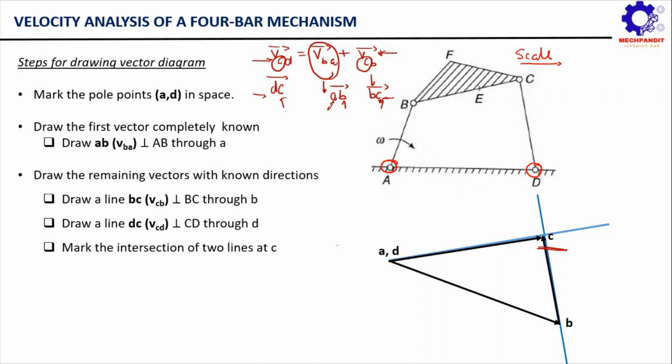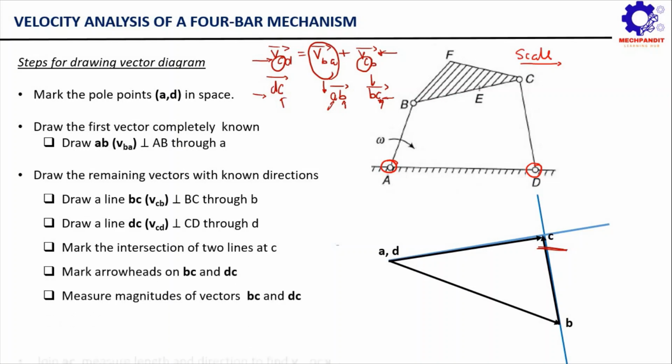Now how is that solved? It's very simple. Once you join A with point C, the absolute velocity of point C is simply equal to the velocity of point C relative to A, or the velocity of point C relative to D, because ultimately we know that A and D both represent the same point in the vector diagram, correct? So we will simply measure the length of this vector AC, and then we can write down that VCA vector is simply equal to AC vector.